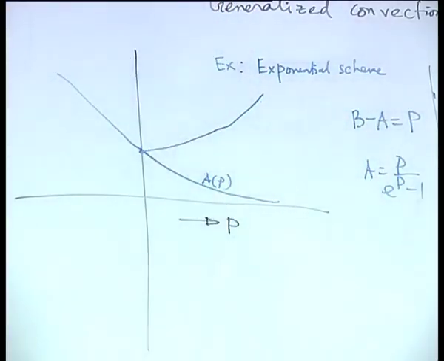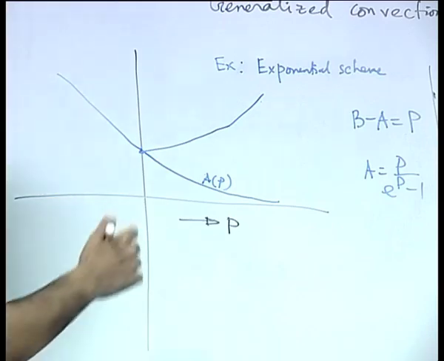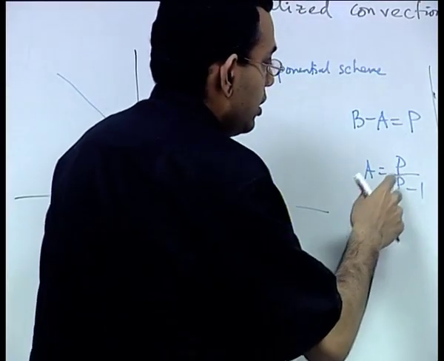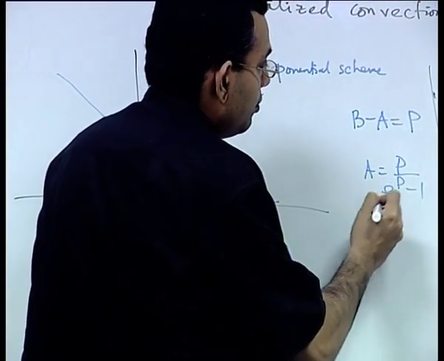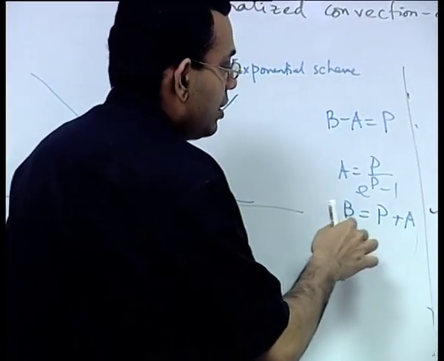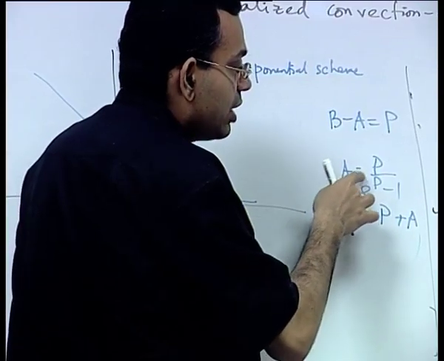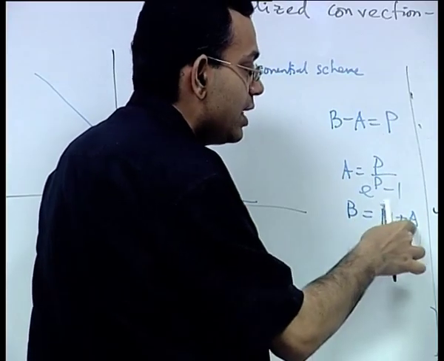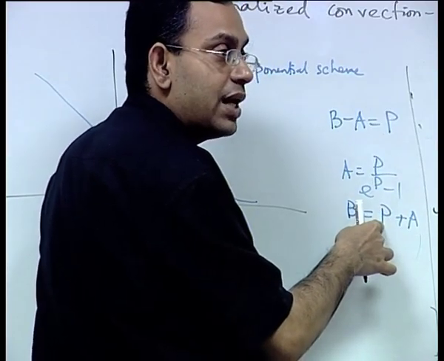Then when you consider the limit as P tends to minus infinity, B is equal to P plus A. So, when P tends to minus infinity, A was tending to minus P, that we have seen earlier. So, minus P plus P, that means it will tend to 0.